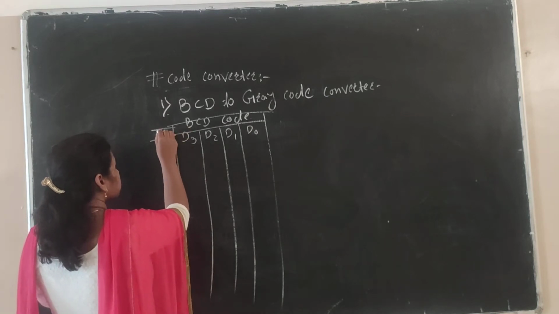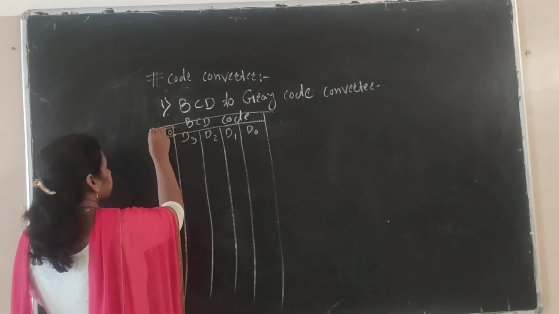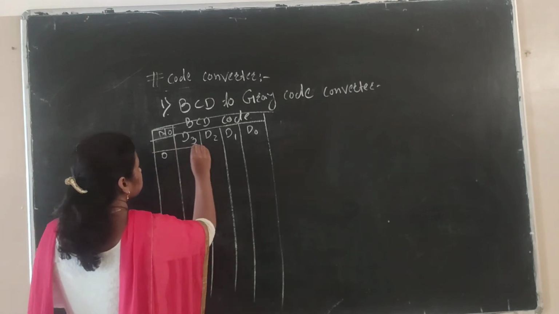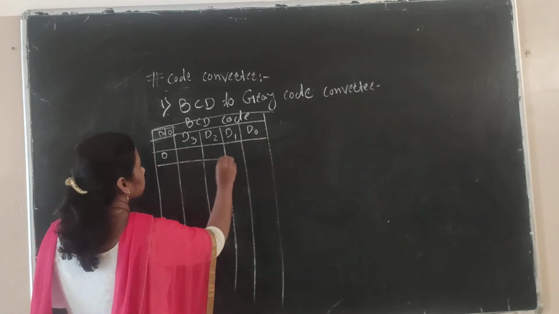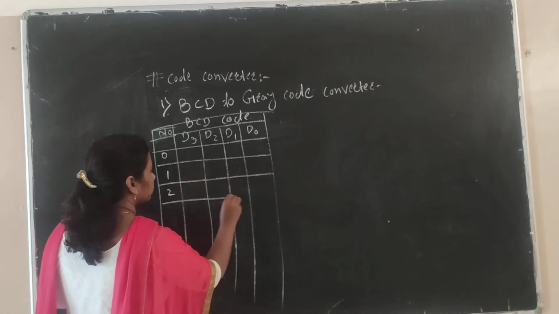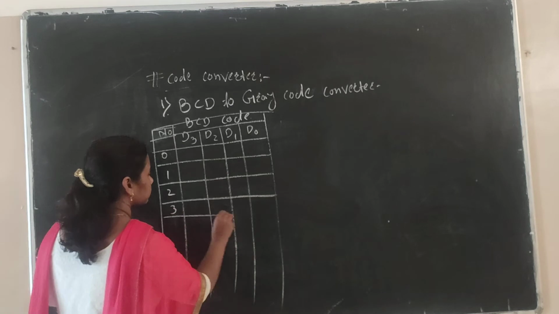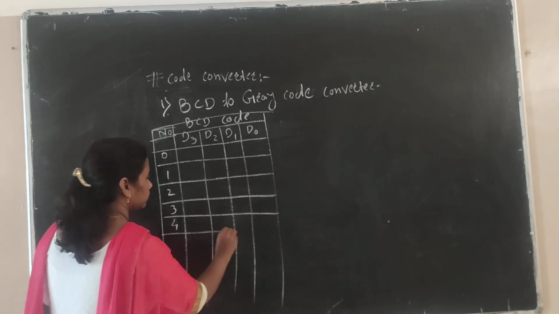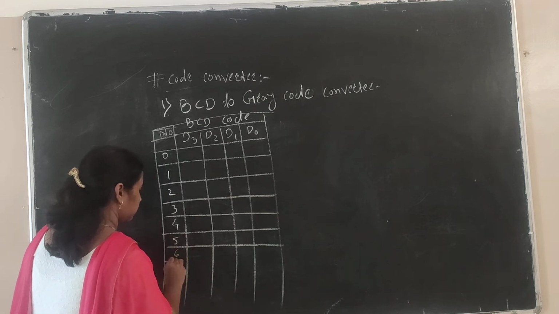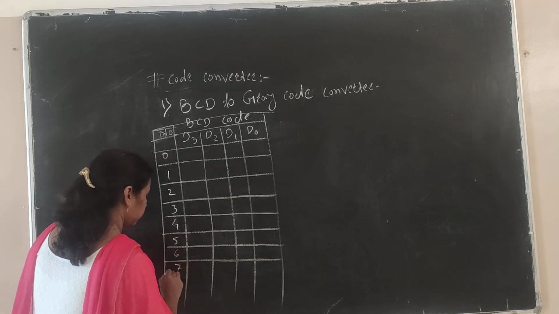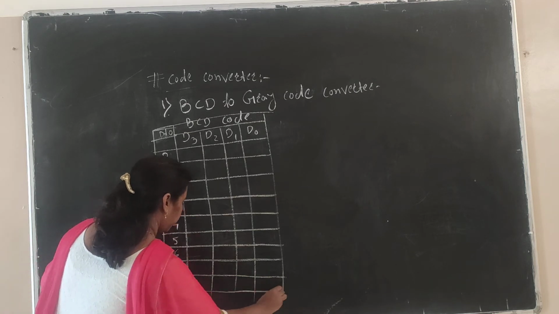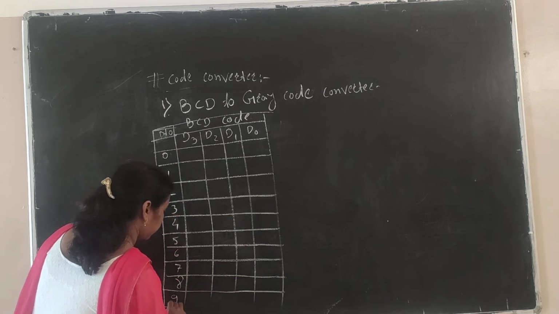And the equivalent numbers from 0, 1, 2, 3, 4, 5, 6, 7, 8, and the last digit is 9.